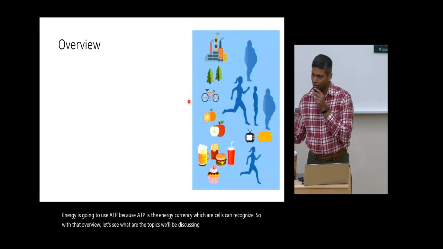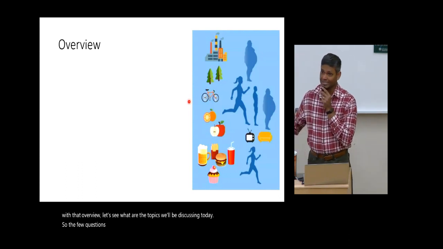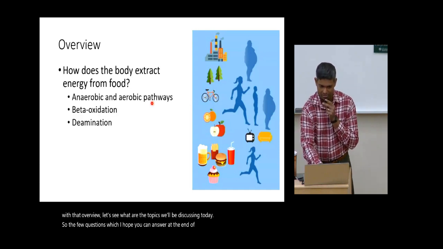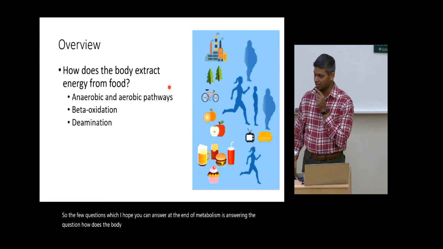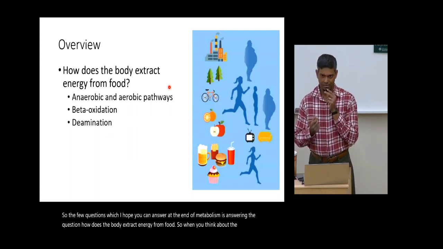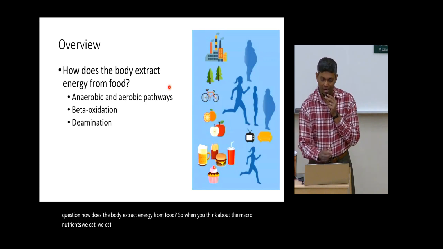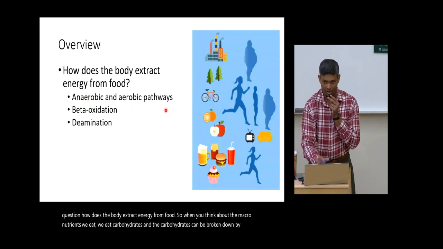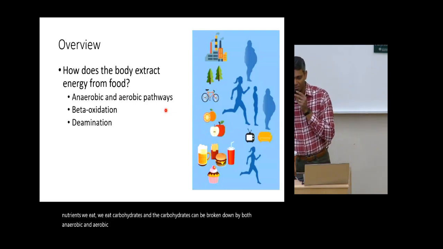So with that overview, let's see what topics we'll be discussing today. The few questions I hope you can answer at the end of metabolism start with: how does the body extract energy from food? When you think about the macronutrients we eat, carbohydrates can be broken down by both anaerobic and aerobic pathways to make ATP.